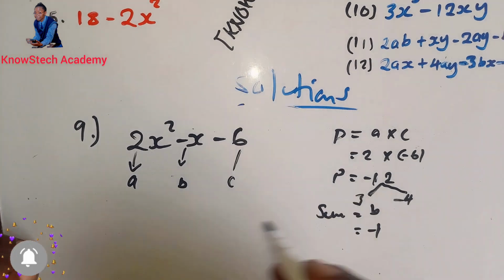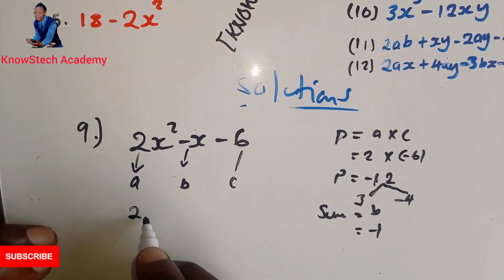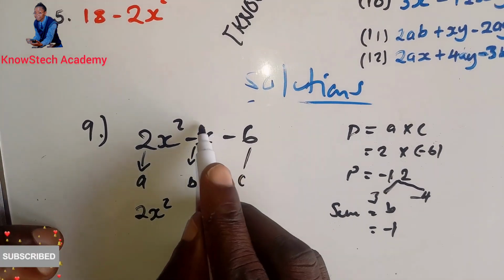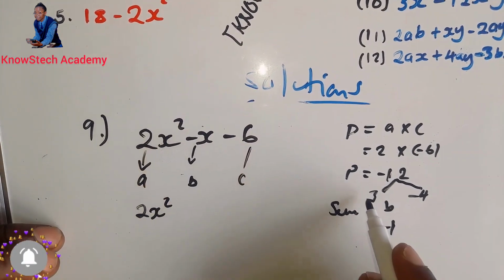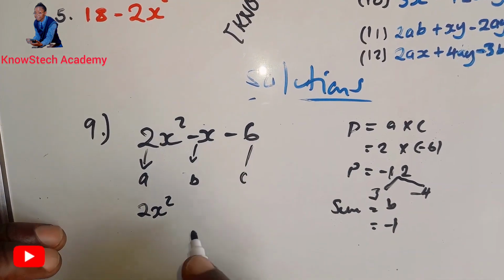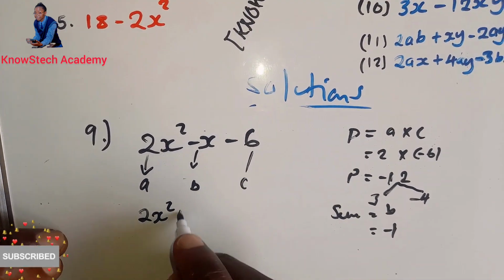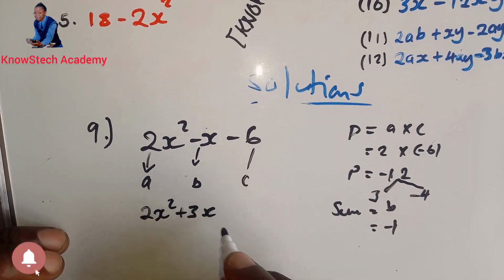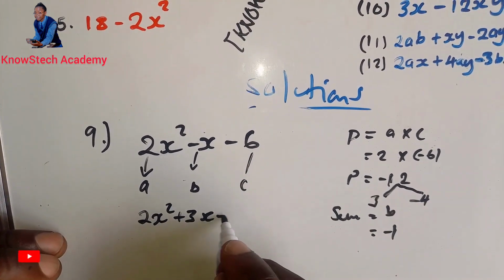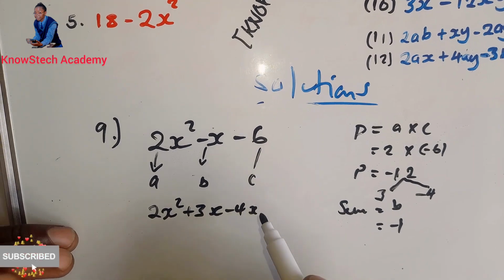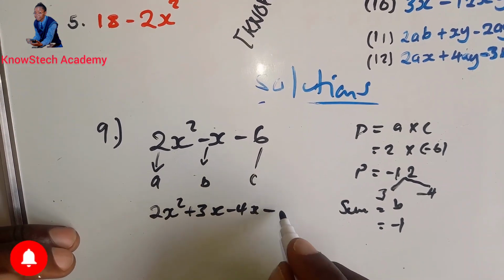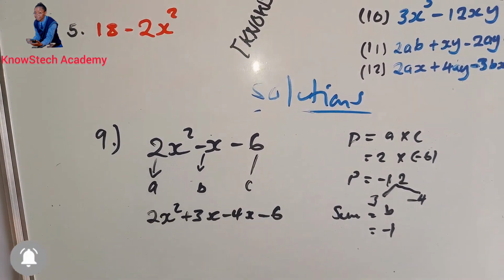Now we'll get back to this. So we have 2x squared. We're going to replace negative x with these factors here. So this is positive 3, then we just attach the variable which is x. This is negative 4. Attach the variable which is just x. And the constant which is negative 6. So we have 4 terms now.